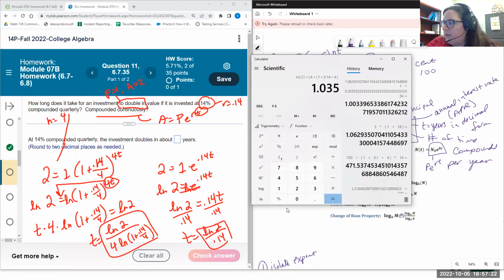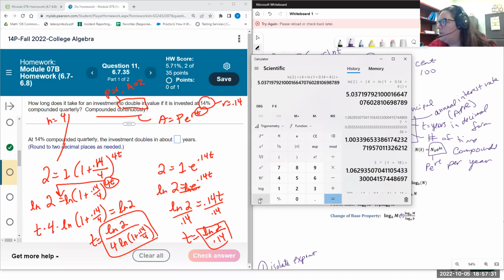Then I do the ln. Again, if you were on a standard calculator, you would press the ln button first. Close my parentheses, and I get, to 2 decimal places, 5.04 years.